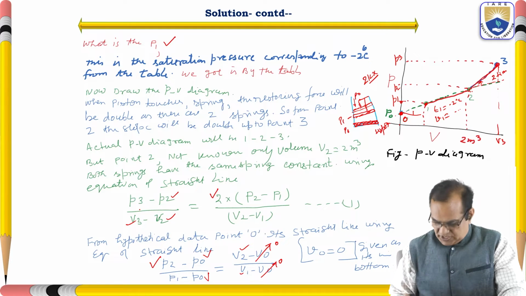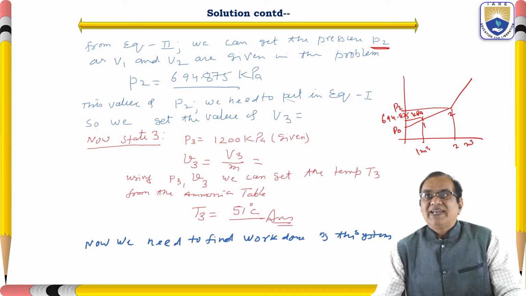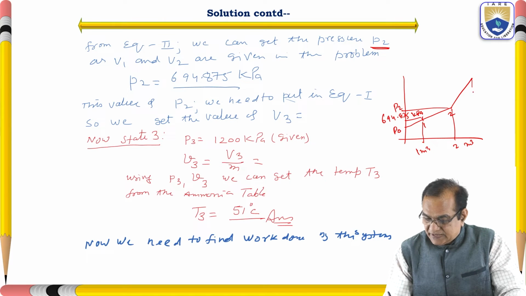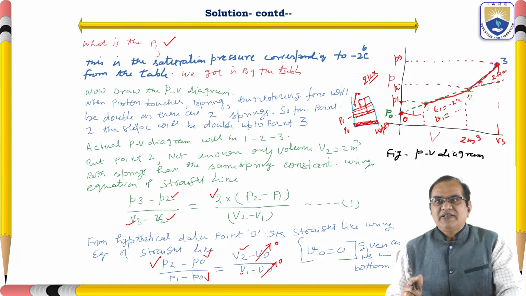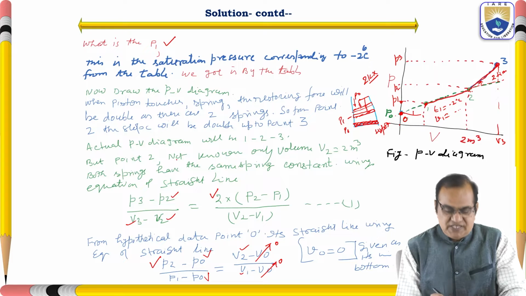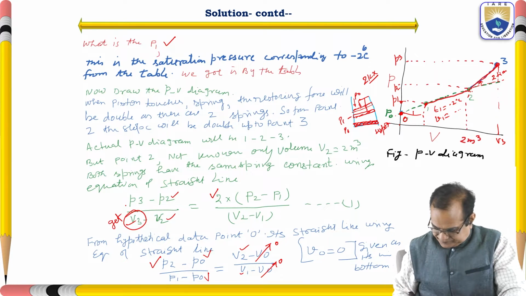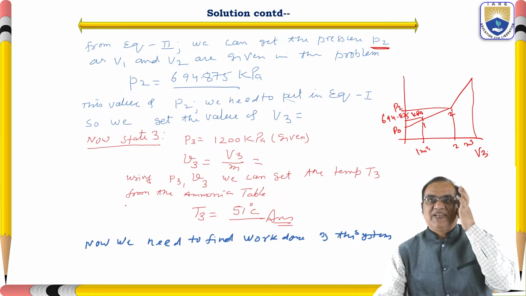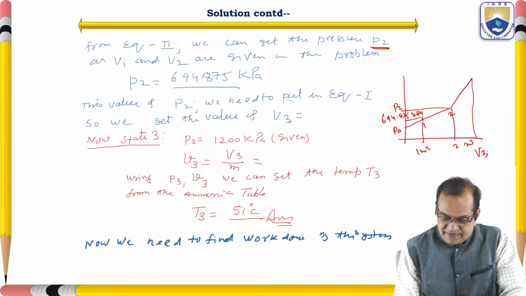These all things we know, and if we put them here, we can get the volume V3 from equation 1. Other things are given here. So now we got V3.